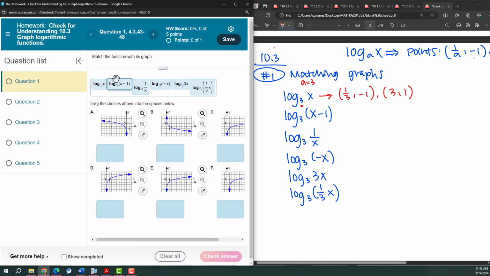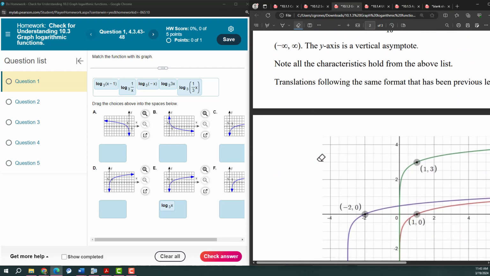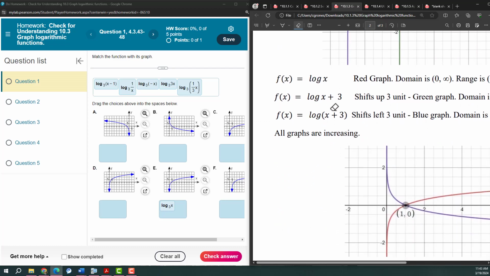All right, so I know that our base is still 3, but we have a shift. We have the -1. If you go to your notes for 10.3 and go to the bottom, it'll tell you these shifts. Whenever you have x plus 3 in parentheses like this, it's going to go either left or right. If it's a positive 3, it's going to the left. If it's a negative, it's going to the right.